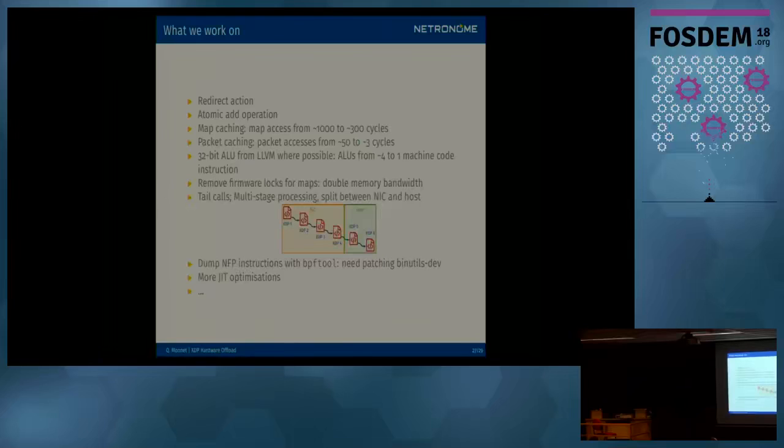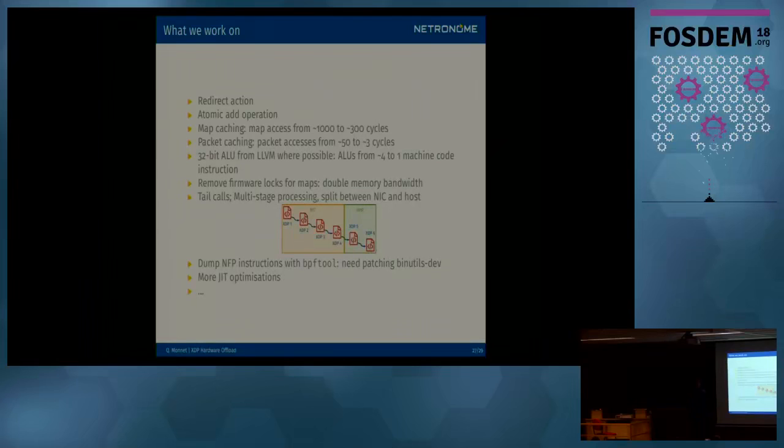We are still trying to improve that to get more features. So we are working on adding the redirect action for XDP, atomic add operations. We're trying to improve map management by caching some entries from the map. Packet management too, we would like to take the packets closer to the cores on the chip. We are trying to improve 32-bit instruction support.